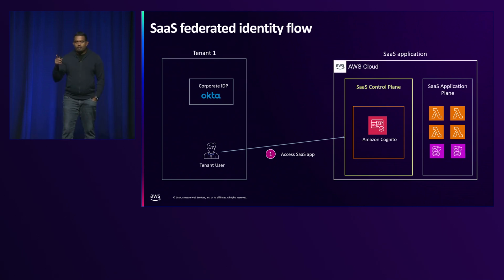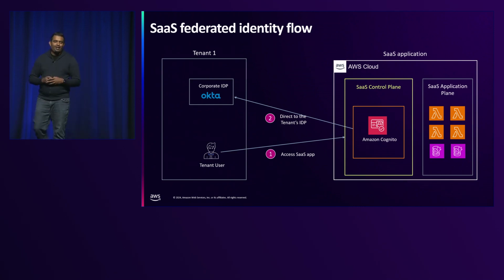Instead, there is a set of configurations saying that they should be federated, and I have all the configurations in Cognito to do that. So there will be a client-side redirection of these requests back to their corporate IDP. Now, all of a sudden, the user will see the normal, usual login page from their corporate IDP that he might be seeing every day.